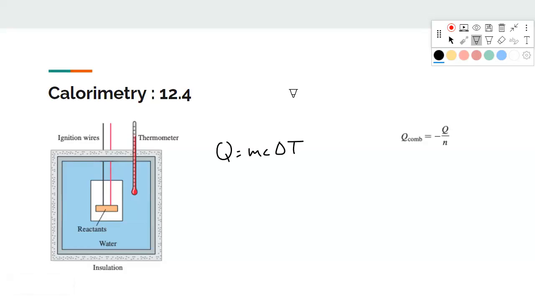And then in order to get the molar heat of combustion for that reaction, we just have to say, well, if the water heated up by some amount, it gained energy, then the system, the reactants, had to exert energy, had to exude it. And so that would be an exothermic reaction, which has a negative heat of combustion.